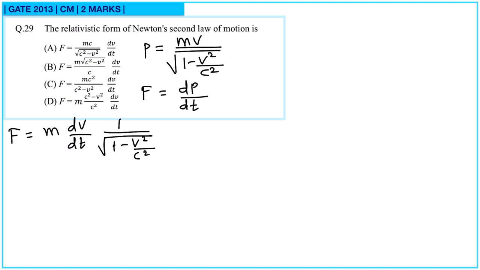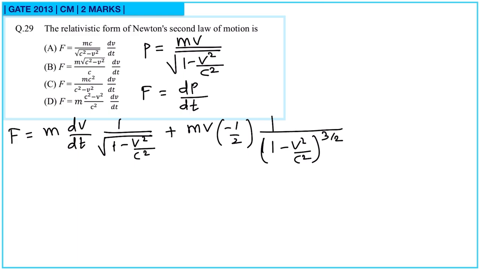I am using the u into v rule, plus we have m into v and the derivative of this, which is minus half upon (1 minus v square by c square) raised to 3 by 2 into the derivative of minus v square by c square, which is minus 2v by c square into dv by dt.